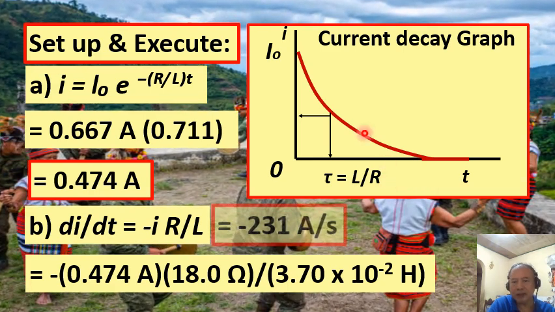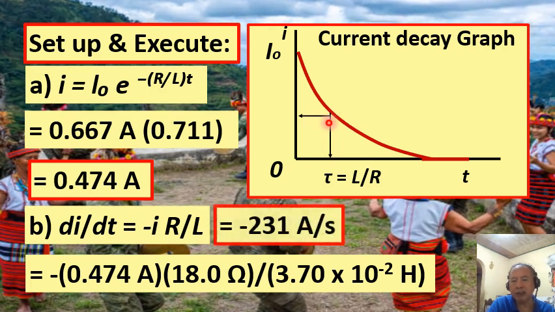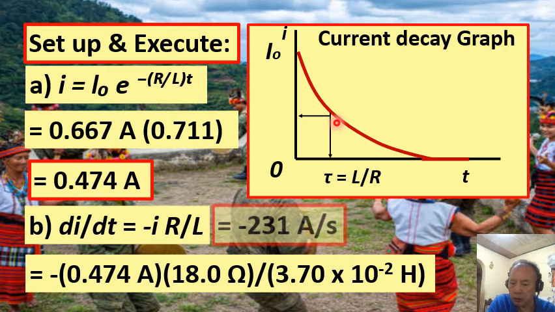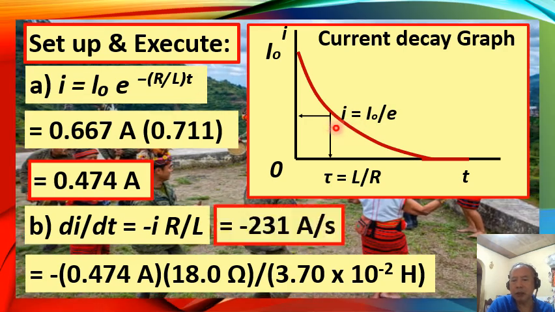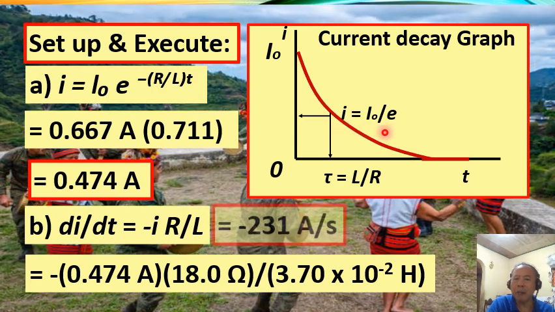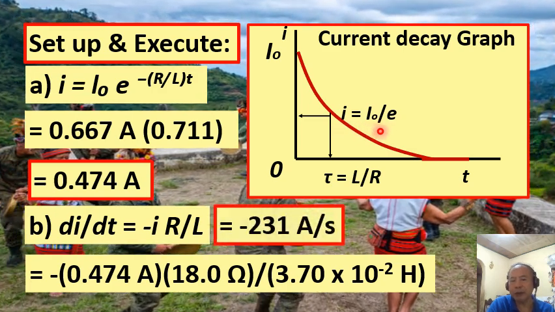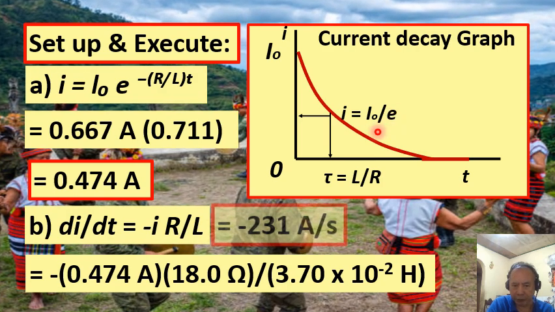And exactly at that time, equal to one time constant tau, we can in fact determine the instantaneous current, small letter i, by just dividing the original current, capital I naught, by the value of Euler's number.